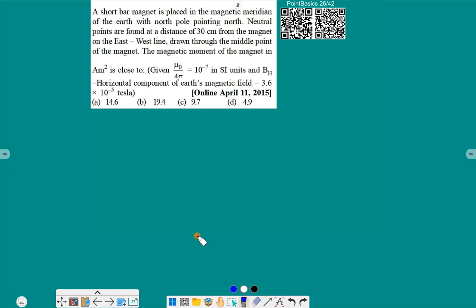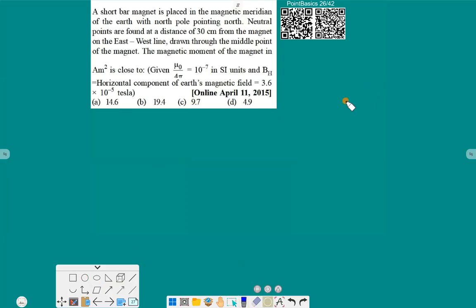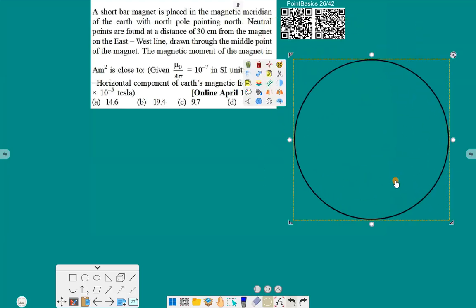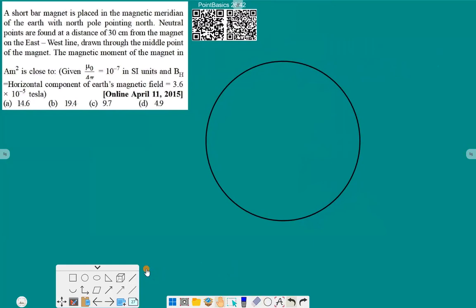Now, first of all, let's draw the diagram for this. Suppose this is our Earth, and this is, we can say, the equatorial line for Earth.